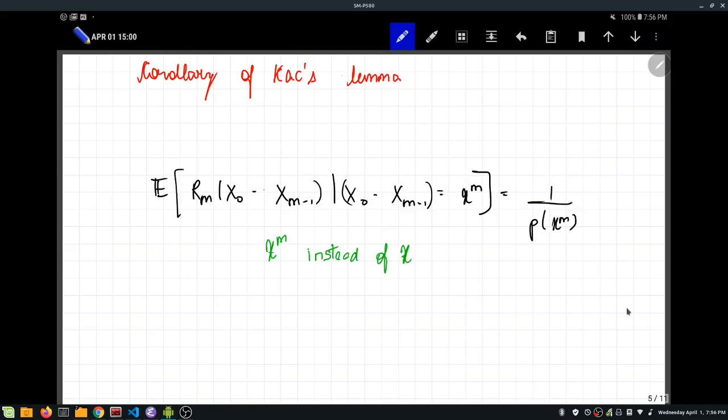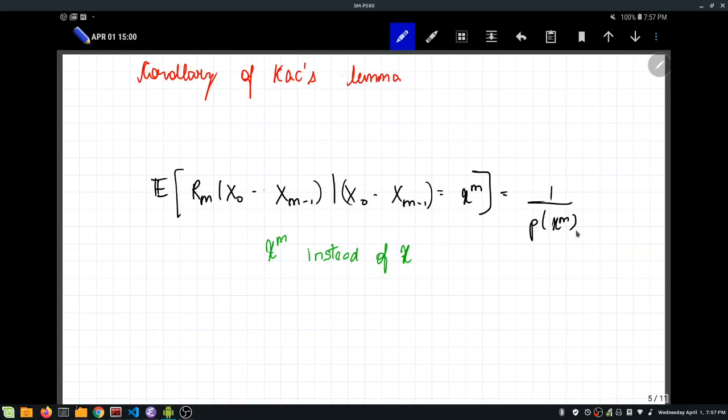So a straightforward corollary of the lemma is that the expected distance to find a match for a substring of length m minus 1 is simply equal to 1 over the probability of occurrence of that substring.